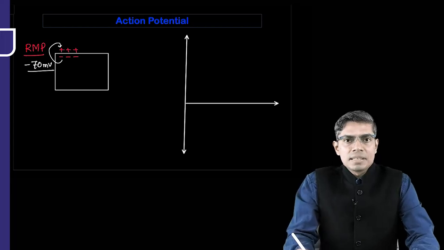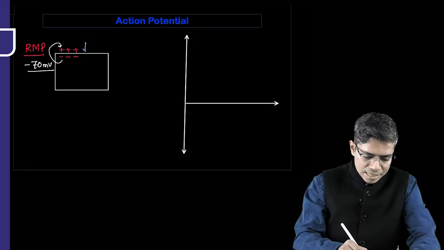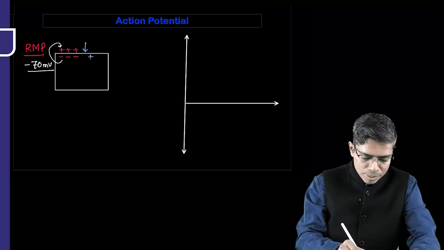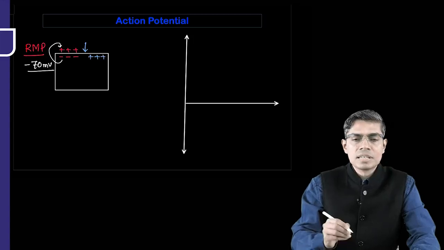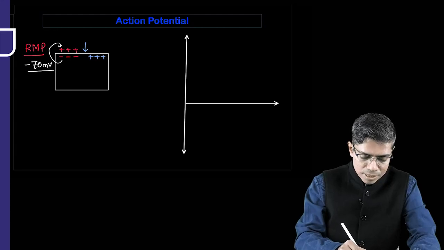Now I told you repeatedly that resting state means when the cell is not getting any form of stimulation or inhibition. Now think that the cell is getting some form of stimulation. What is going to happen? Whenever the cell is getting stimulation, the interior of the cell will be more and more positive with respect to outside, or you can say the interior of the cell will be less negative, for example from minus 70, maybe minus 65, maybe minus 60, maybe minus 55.